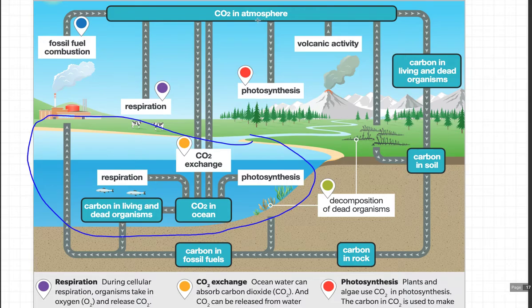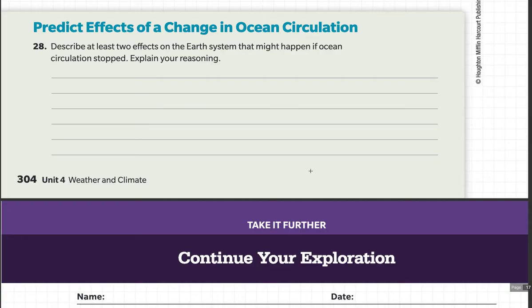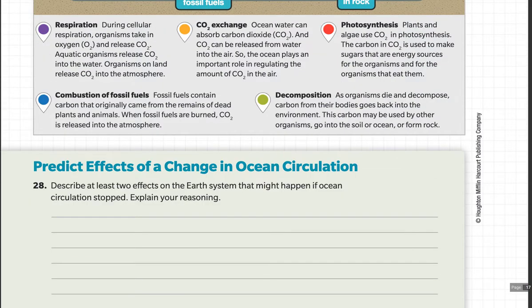You wouldn't have a lot of the carbon in the atmosphere that gets used by plants and animals in the ocean. So there would be more carbon dioxide in the atmosphere. The Earth would get warmer. So yeah, there are 2 examples. All right, well, that's it for lesson 2.